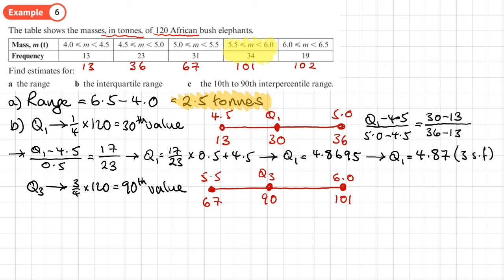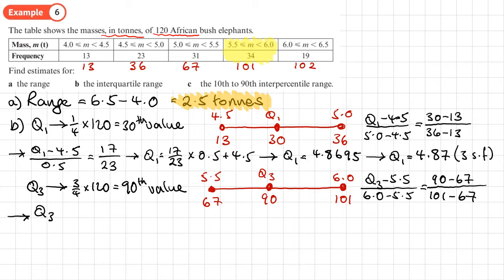So now we can write our equation, which is Q3 minus 5.5 over 6.0 minus 5.5 equals 90 minus 67 over 101 minus 67. So that's going to give us Q3 minus 5.5 over 0.5 equals 23 over 34.